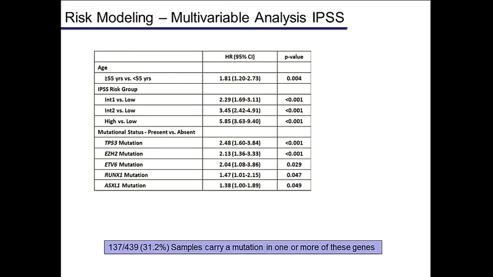But individual mutations here predict overall survival independent of those clinical variables. So mutations in p53, EZH2, and other genes predict survival independent of all the existing prognostic scoring systems, indicating that getting genetic information on our patients could actually improve how we predict prognosis in MDS.